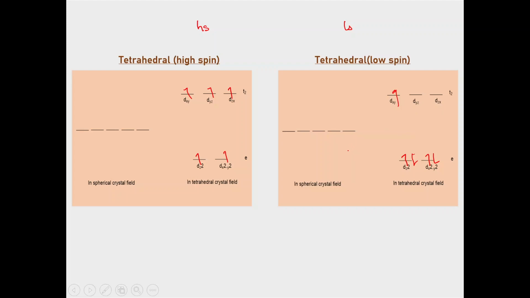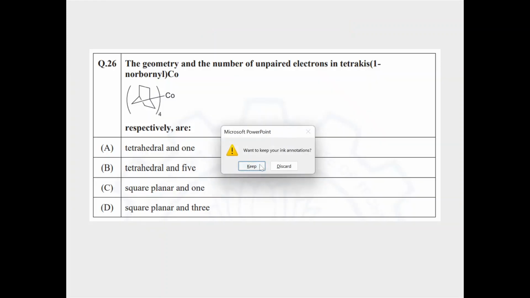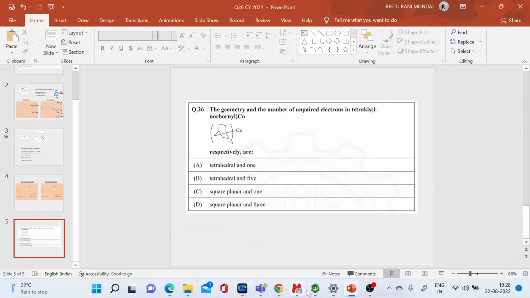So we can say that for almost all tetrahedral complexes, we get a high spin complex only. But this is a special example. That's why you people should remember this. This is a special example in which we are getting a low spin complex with a tetrahedral geometry.